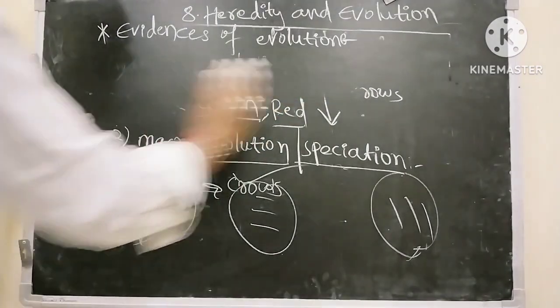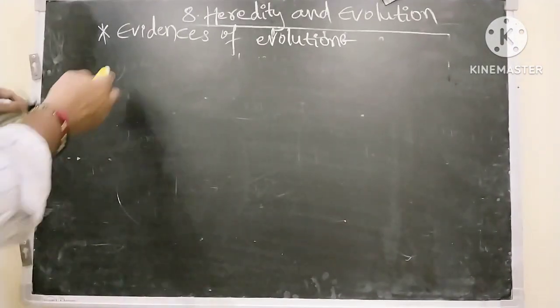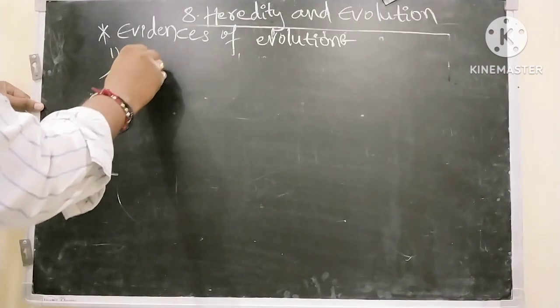Next, evidences of evolution. Two types of organs we are going to discuss here. One is the homologous organs.